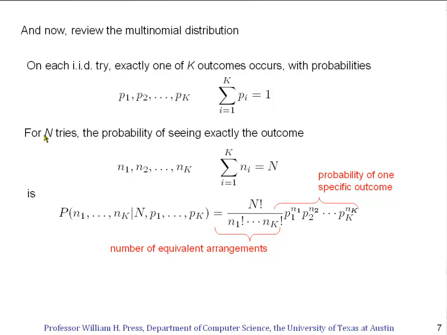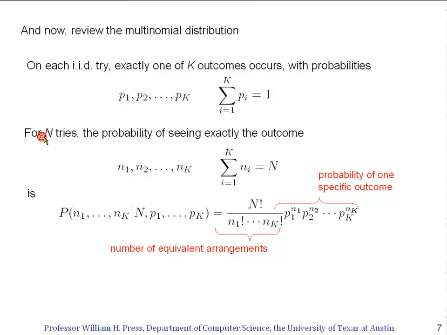So now we want to ask, if we are going to do n tries, what's the probability of seeing the exact set of outcomes, little n1 of the first type, little n2 of the second type, and so on up to little n sub k of the kth type?